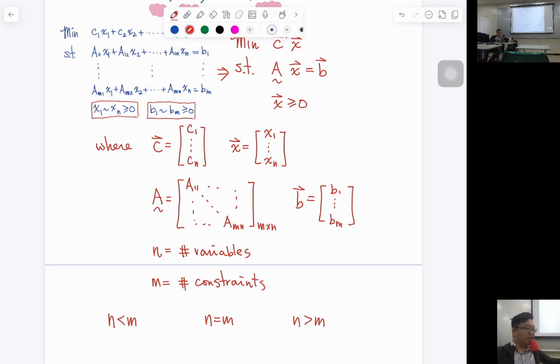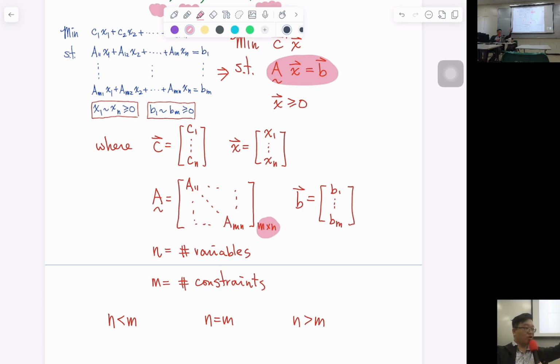which means you don't need optimization, because if you have this equation right here, Ax equals to b, and n equals to m, in this case your A is a square matrix.